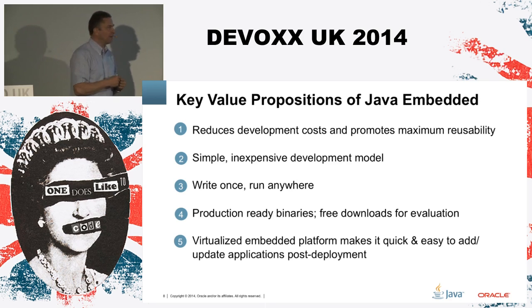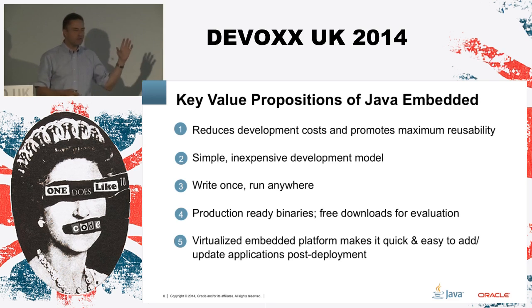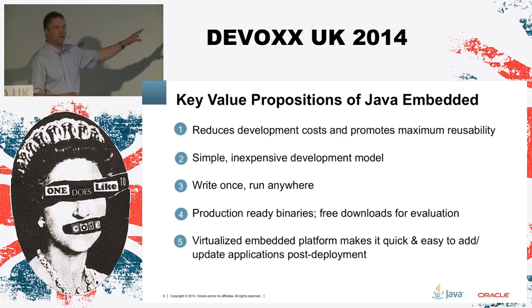We'll talk a little bit more about that as we go through. So there's easy ways to become a Java developer. There's easy ways to become an embedded developer. And so a lot of these things make it that Java is a very good platform for these types of devices.